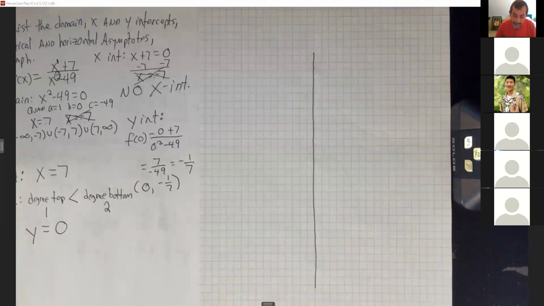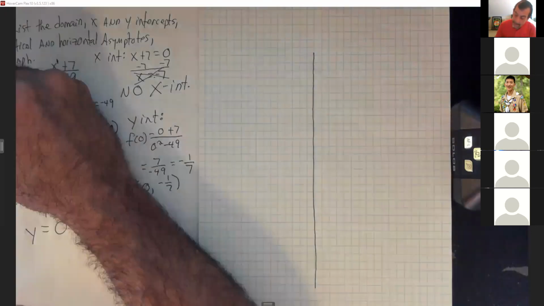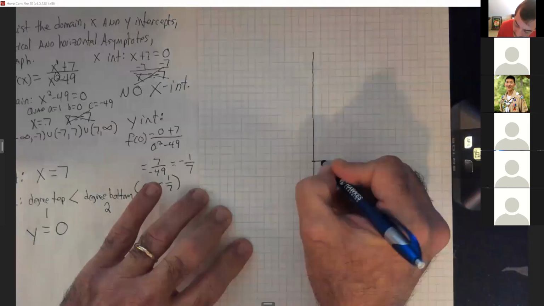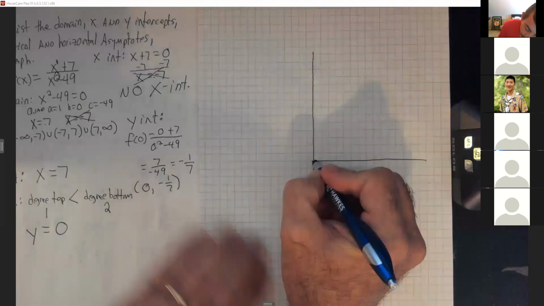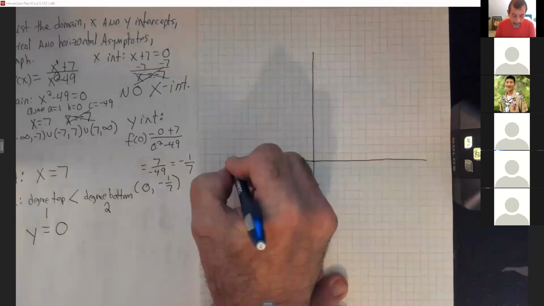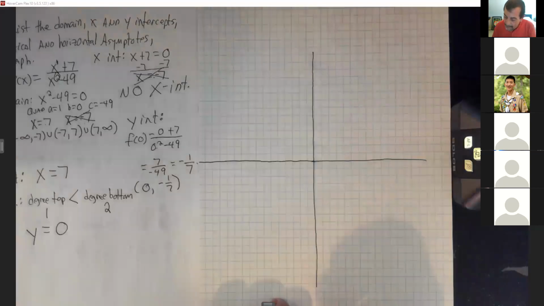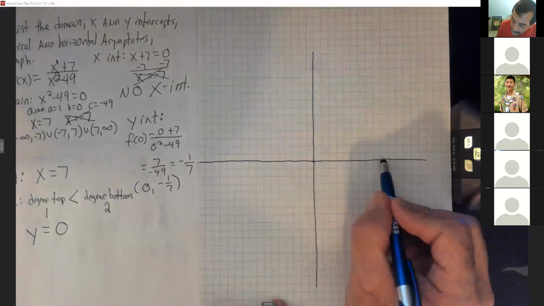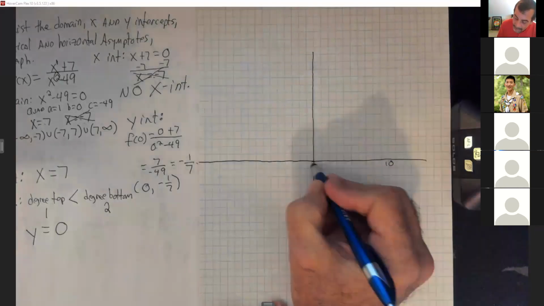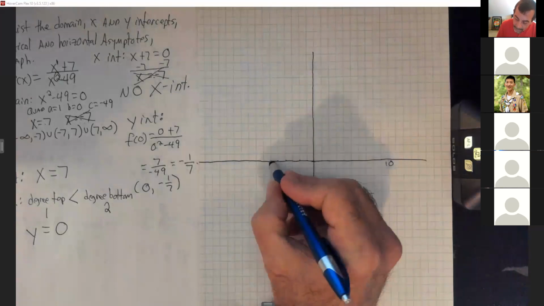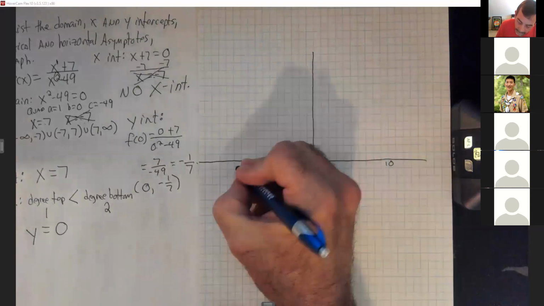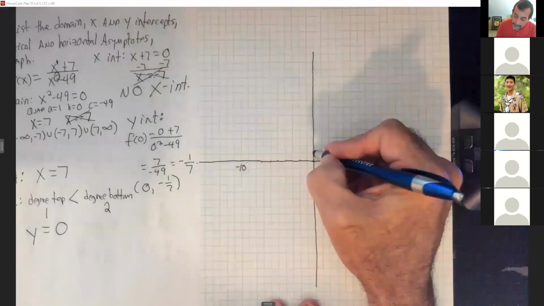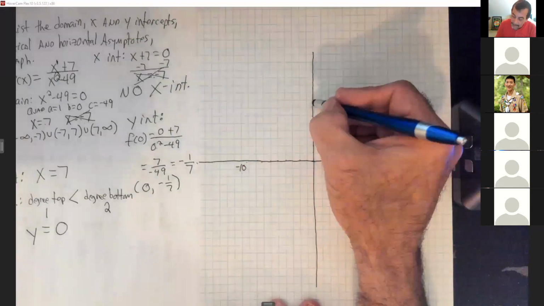When we graph it, I'm going to set it up as 2 and 10s. Let me go out 10 this way: 1, 2, 3, 4, 5, 6, 7, 8, 9, 10. And then I'll do a negative 10. And then I'll do 10 up and 10 down.